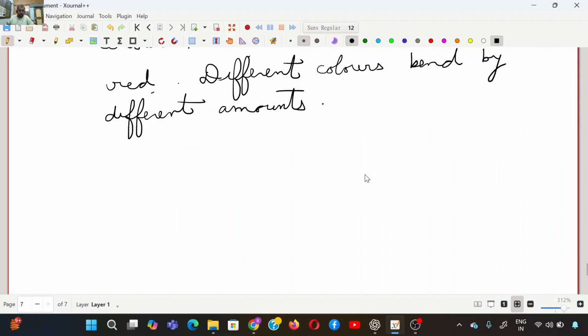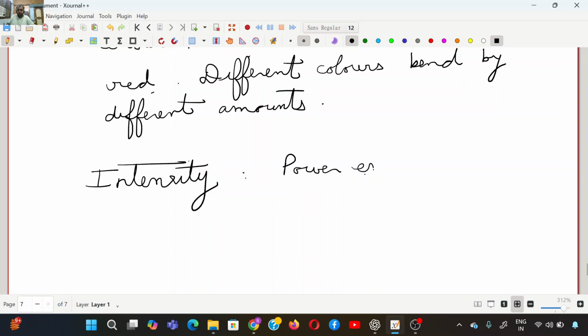Next is intensity. What is intensity? It is the power emitted per unit solid angle.